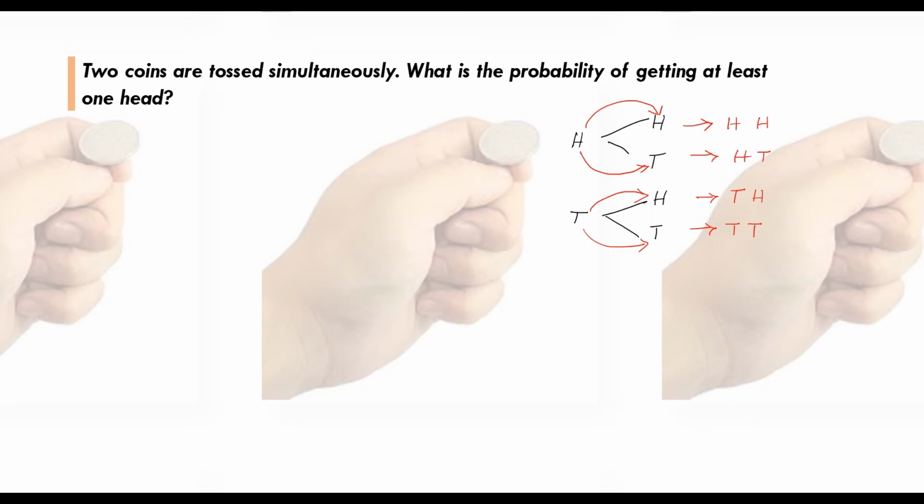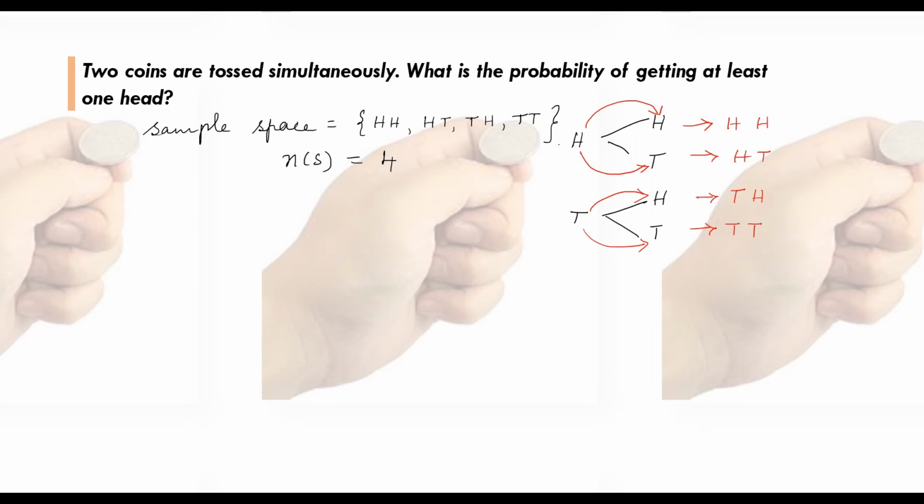When two coins are tossed simultaneously, the sample space is equal to {HH, HT, TH, TT}. Therefore, n(S) is equal to 4.